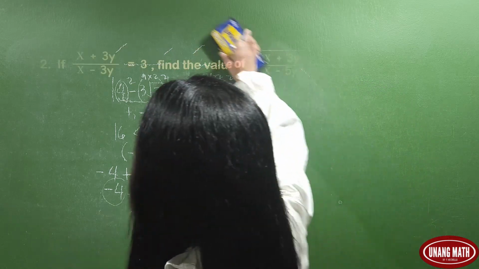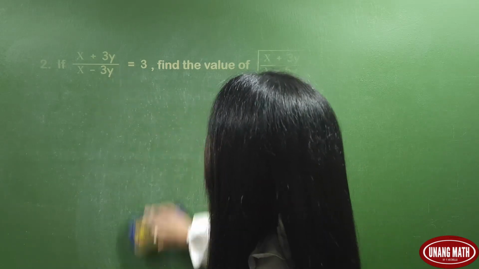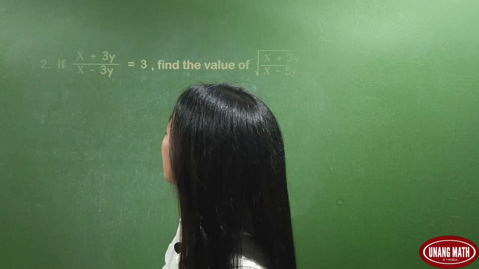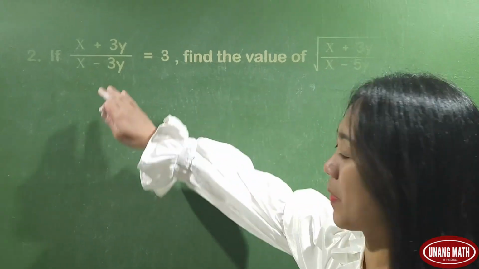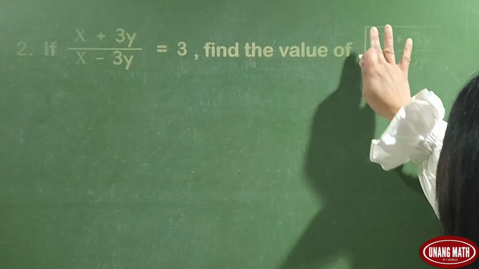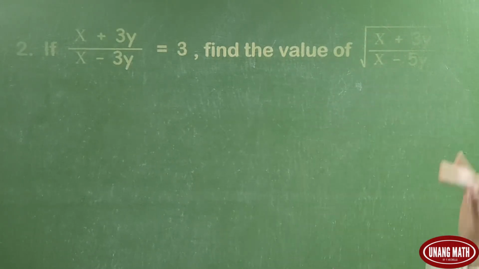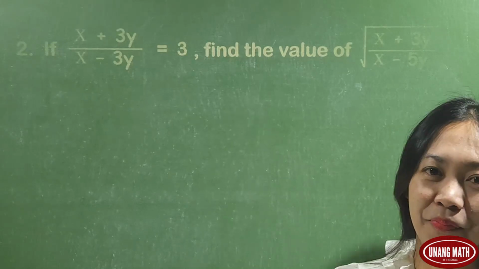Okay. We have another problem or question here that we need to answer. If x plus 3y over x minus 3y is equal to 3, let's find the value of square root of x plus 3y over x minus 5y.